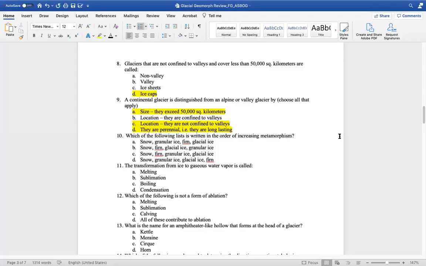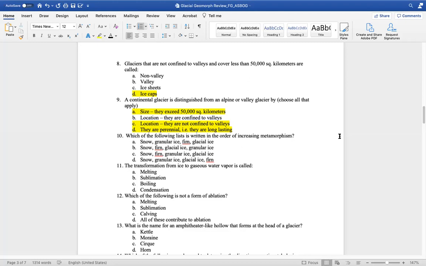We're talking 0.05 grams per cubic centimeter to 0.07, where firn is about 0.4 to about 0.8 grams per cubic centimeter, with glacial ice being around 0.9 grams per cubic centimeter.